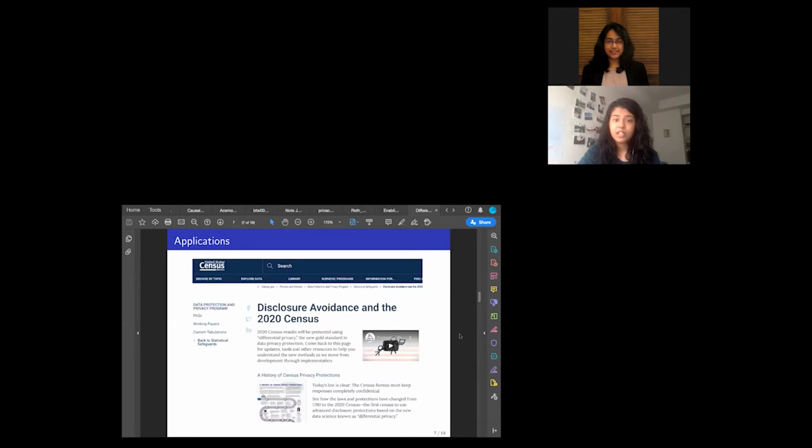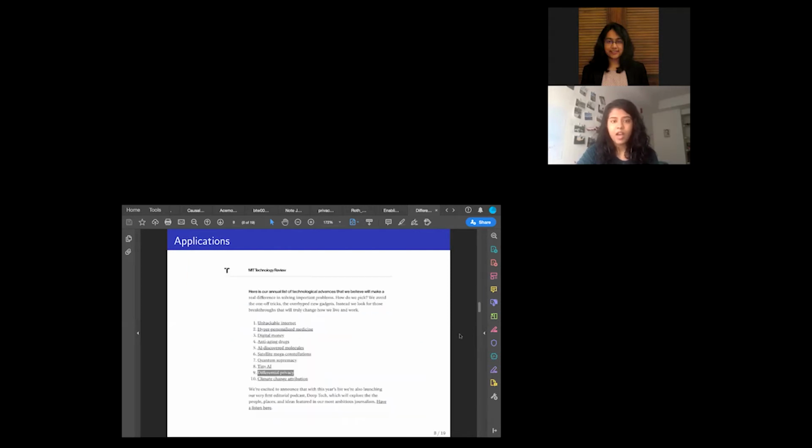And recently the US Census Board has also decided to use differential privacy in order to protect individual data. So you can see that the use of differential privacy is growing with time. And in the 2020 list of top 10 breakthrough technologies, differential privacy was also included as an upcoming technology.